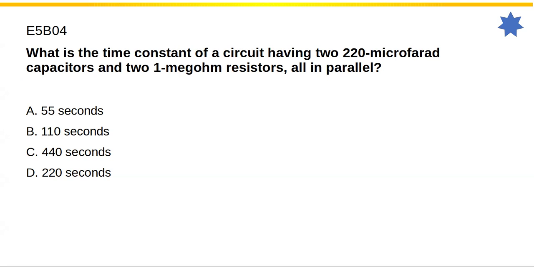So effectively, the capacitance is, with 2 220s in parallel, 440, right? And you've got 2 megohm resistors in parallel, so you've got half a megohm. So half a megohm times 440 microfarads with your calculator, and you get one of those answers.